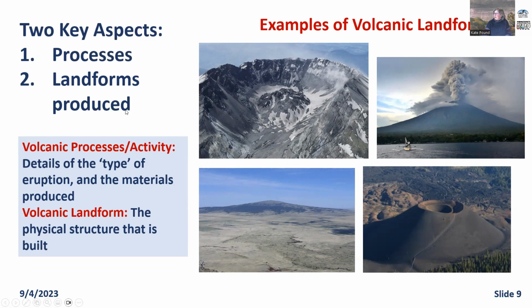So what do I really mean? It's with the word processes or activity. That's just the type of eruption and the type of materials that get produced. On the other hand, with volcanic landform, that's the physical structure. So over here on the right, we're looking at a bunch of different landforms, and they are, I hope, relatively distinct. Why is that?